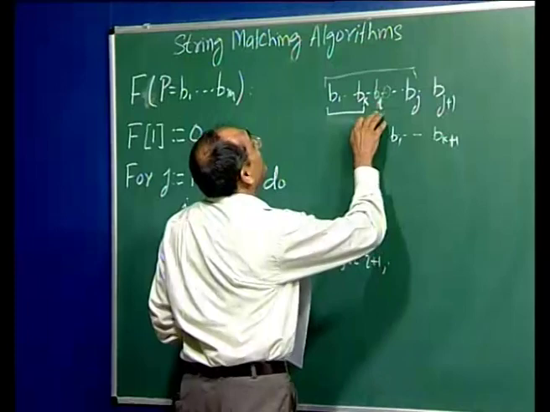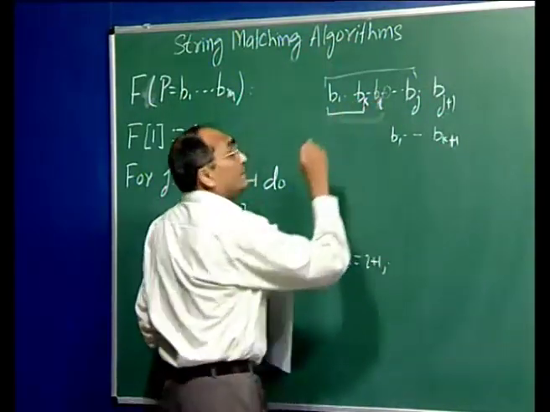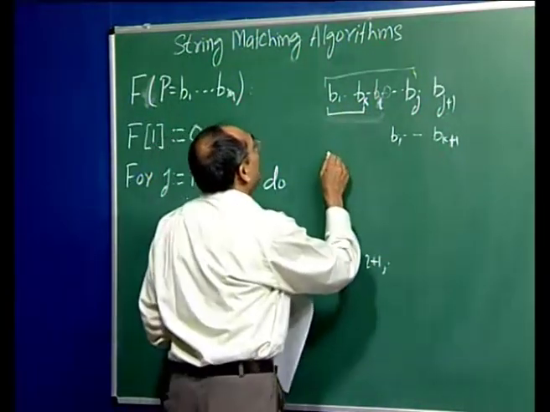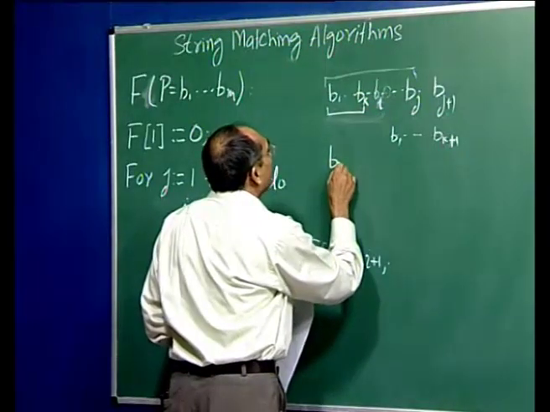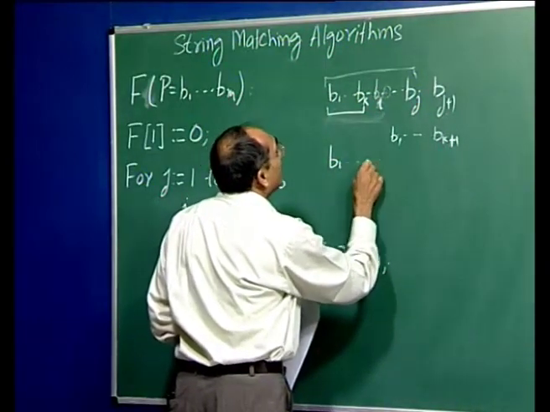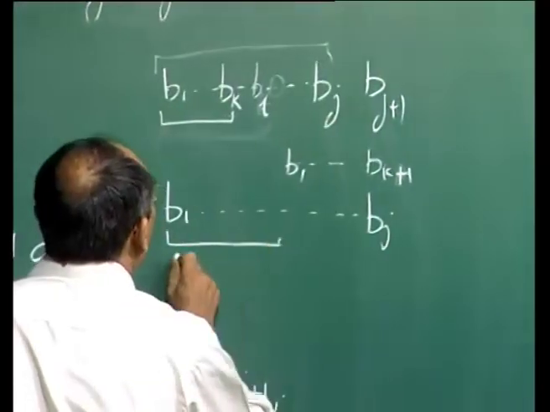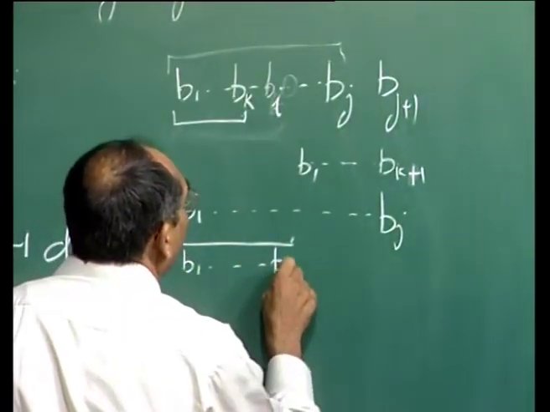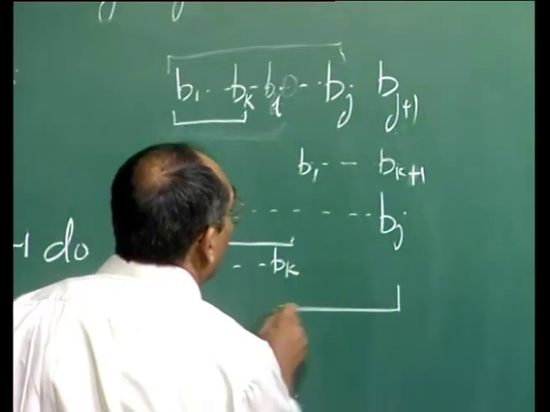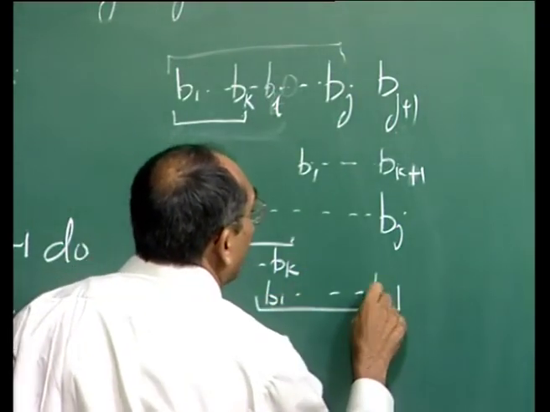Now, let us go back and look at B1 through Bi. Okay. So, we know that B1 through Bj has this string B1 through Bk, and it is also matching here, B1 through Bk.